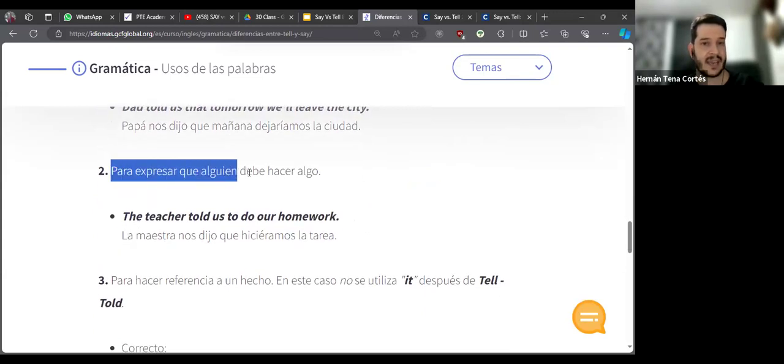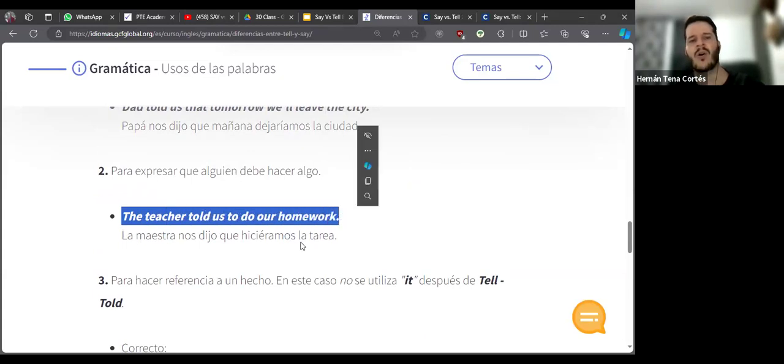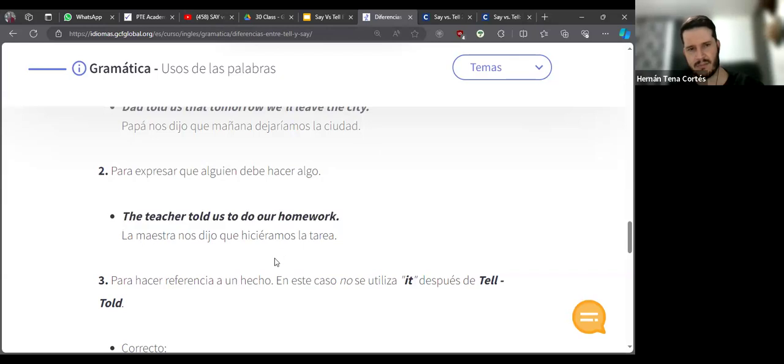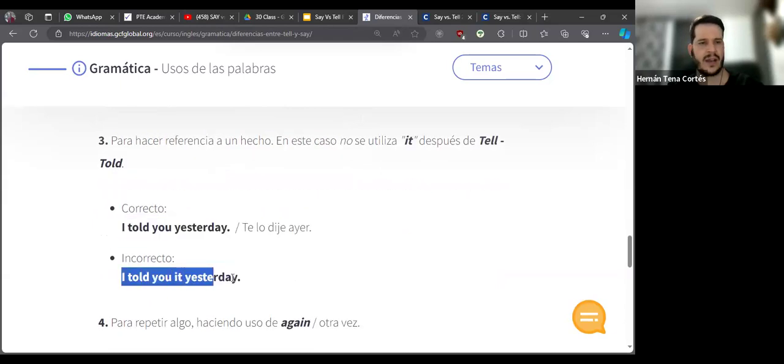También para expresar que alguien debe hacer algo. The teacher told us to do our homework. Para hacer referencia a un hecho. I told you yesterday.